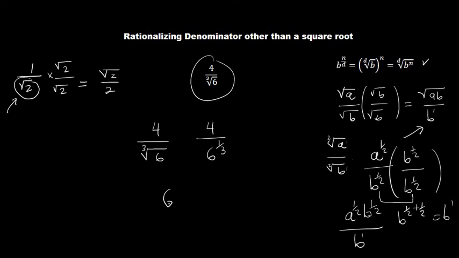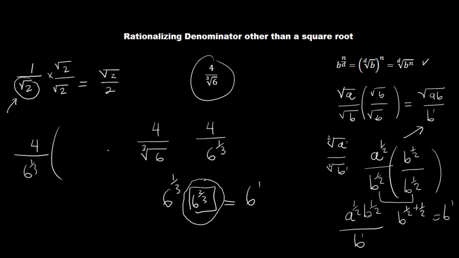Now here is where we need to do a little bit of thinking. We need to think what we're going to multiply by 6 to the 1/3 to get 6 raised to the first power, and that's going to be 6 to the 2/3. Now this is what we're going to multiply the top and the bottom by. So we're going to have 4 over 6 to the 1/3, and then multiply the top and the bottom by 6 to the 2/3.